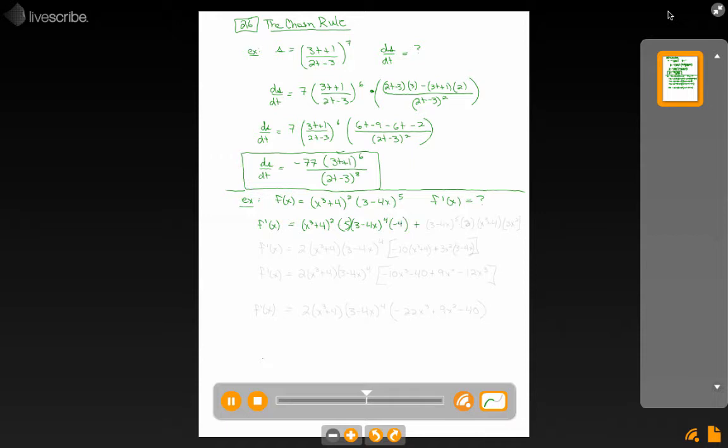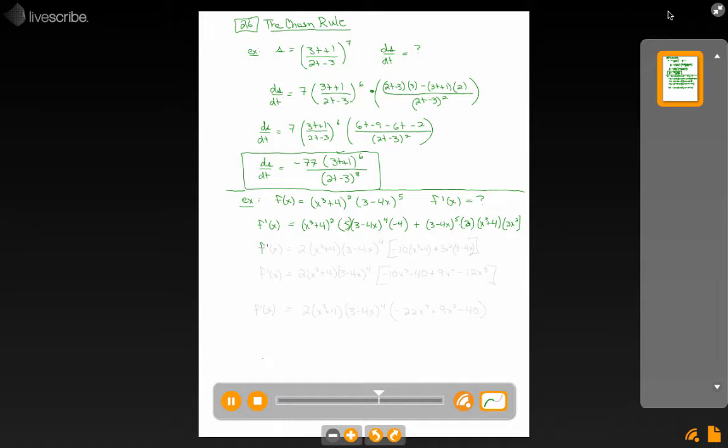Now, plus the second function, (3 minus 4x) to the 5, times the derivative of the first, which is going to be 2 times (x cubed plus 4) to the 1 times 3x squared. So there's a lot to keep track of there, of what you've differentiated and what you haven't.